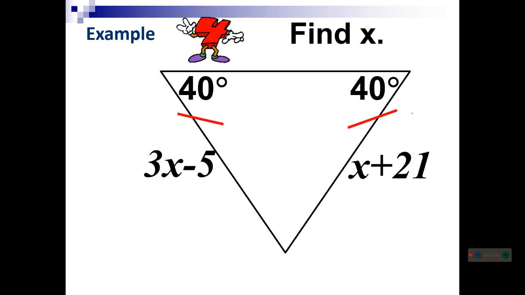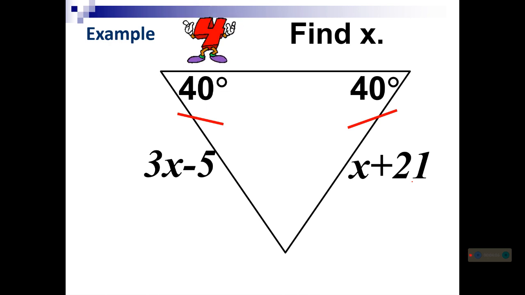Next, let's have the fourth one. Find x, given the base angle 40 degrees. On one side we have 3x minus 5, and on the other side x plus 21.